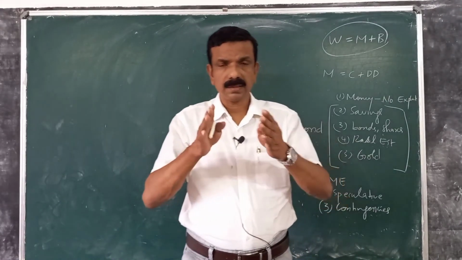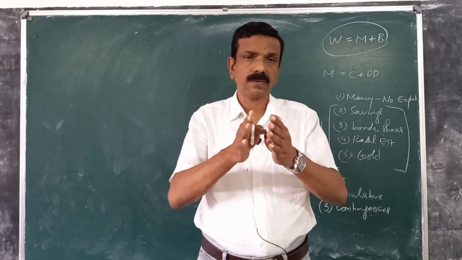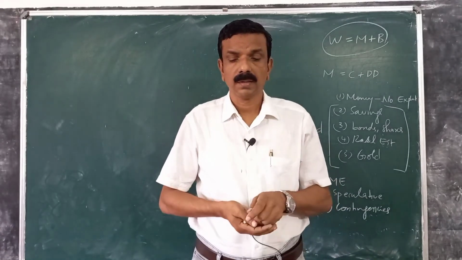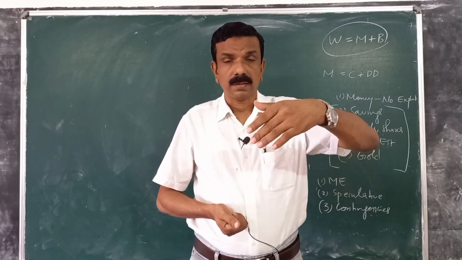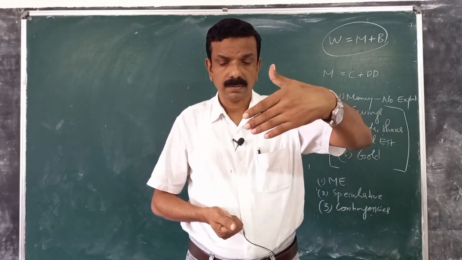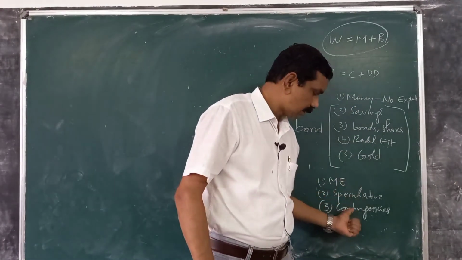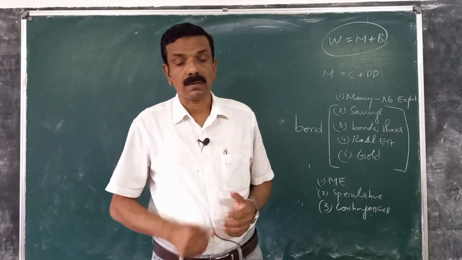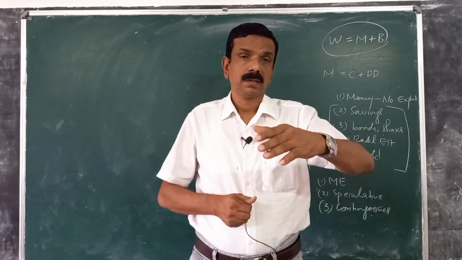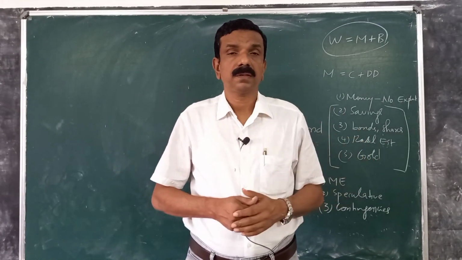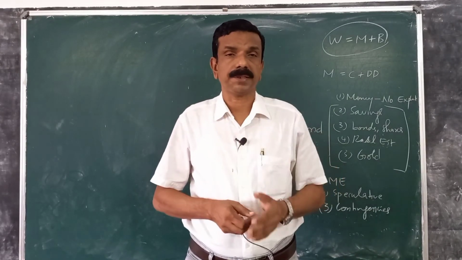In the Keynesian theory, money is used for three motives, and the breakdown of demand for money into three plays a vital role in the Keynesian theory of interest rate determination.